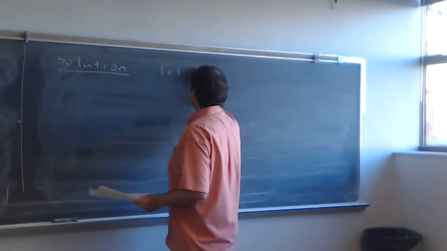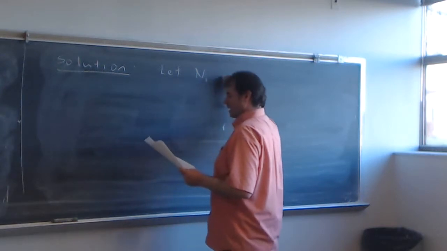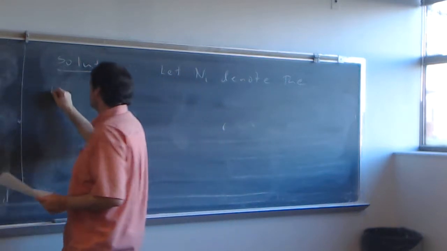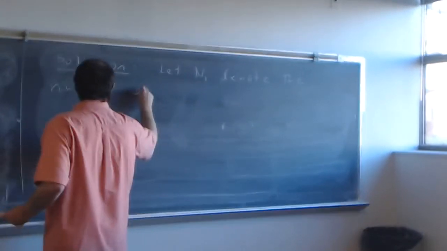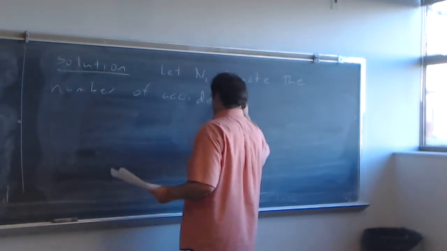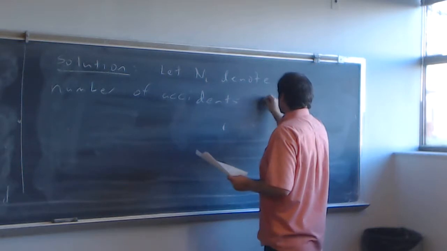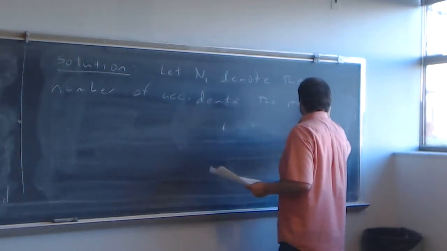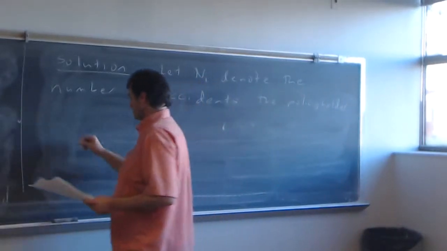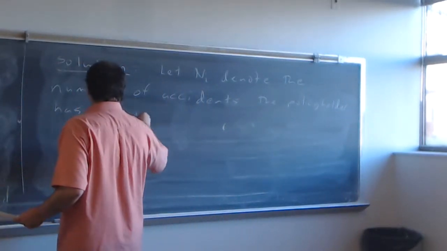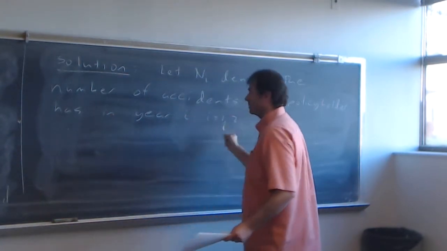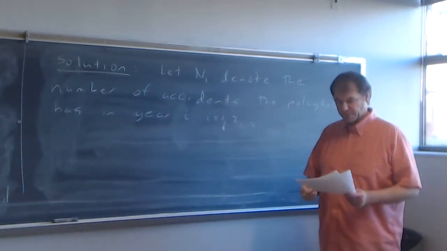We let N sub i denote the number of accidents the policyholder has in year i, and again i here runs from 1 to 2, so we're only talking about the first and second year.